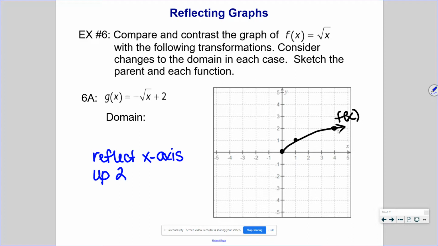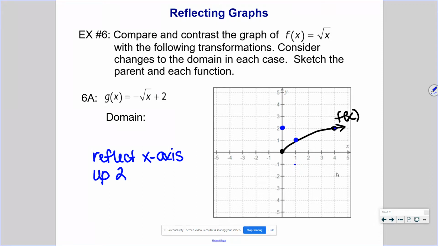Now when I do this, I'm going to move 1 point at a time. So I'll start with this origin value. I can't reflect it because it's already on the axis, so I'm just going to go straight to moving it up 2. The point 1, 1 would move to here if I reflect it, and then I'm going to go up 2, which is weird because it goes right back to where it was.